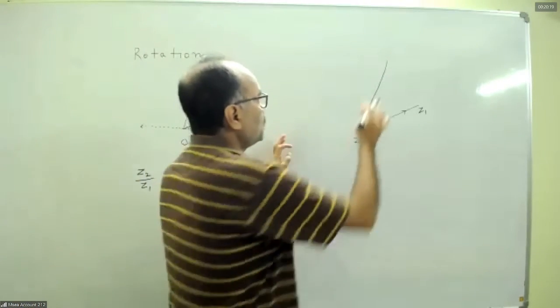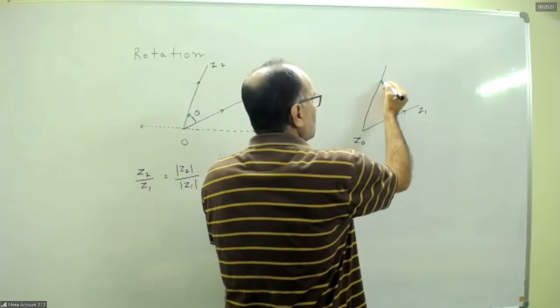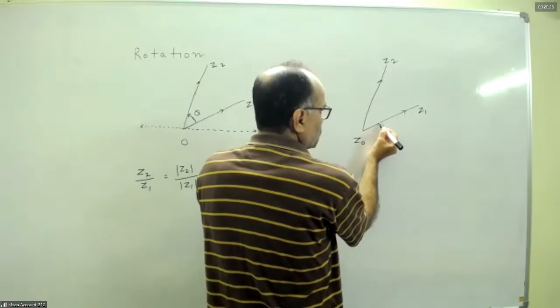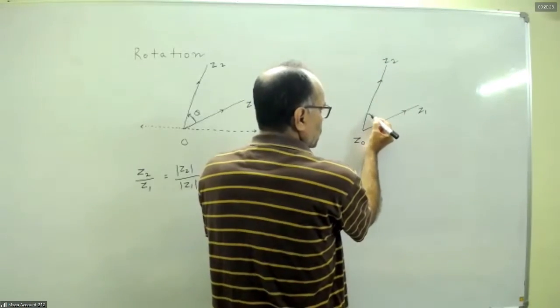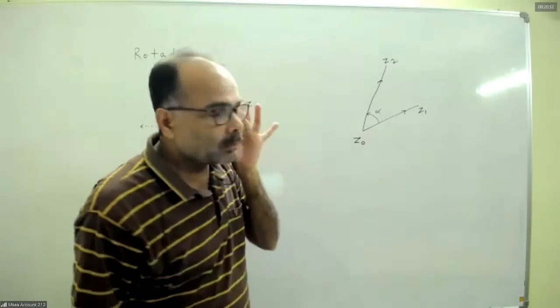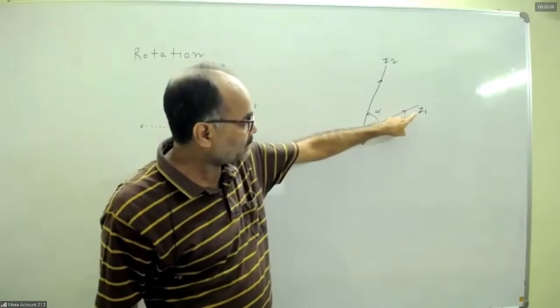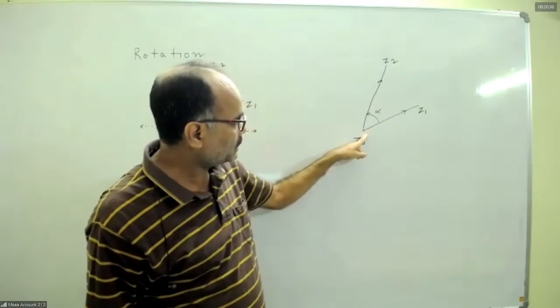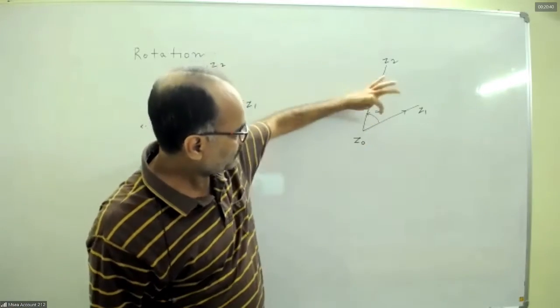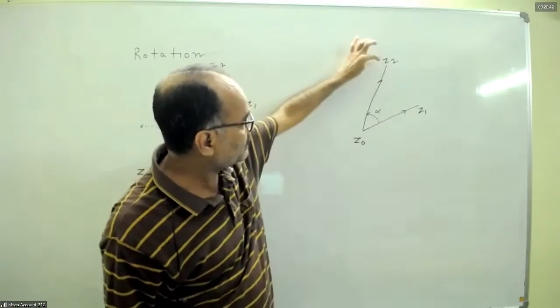Here this is Z2. Here the angle we have rotated through is, say, alpha. Now we are rotating Z1 about Z0 in anti-clockwise direction through an angle alpha. The new position of Z1 is Z2.